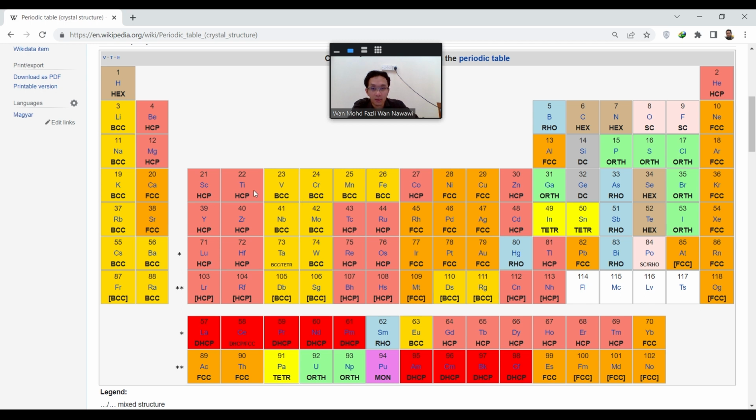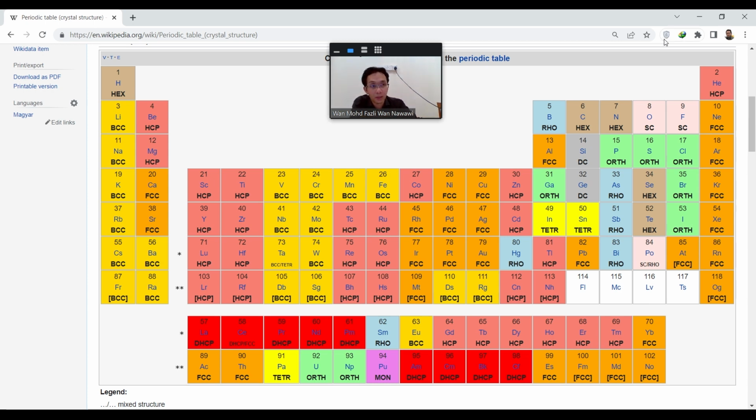If you look here, the yellow one is the body center cubic, the pink one is the hexagonal close packing, and this is FCC, face center cubic. So you can see most of the metals are either FCC, hexagonal close packing, or body center cubic, and some metal, polonium, is simple cubic.